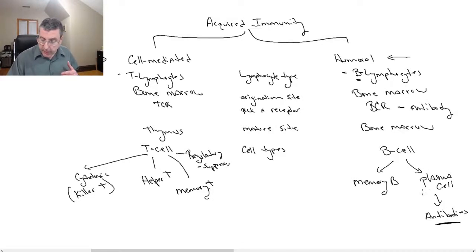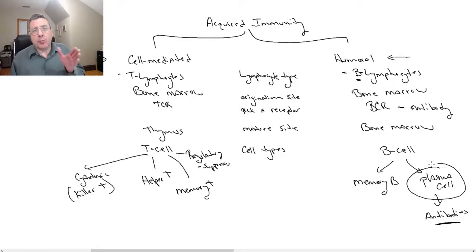Also, just as a note, a plasma cell does not make plasma. Plasma cells make antibody. Plasma, as in the liquid in your blood, is something different. The only thing that they have in common is the word plasma.